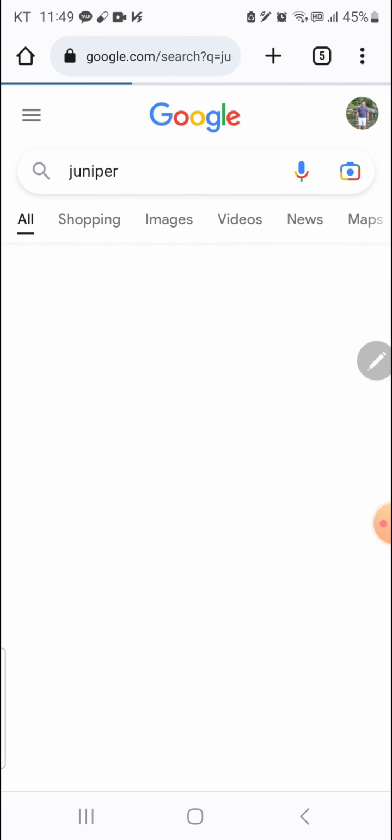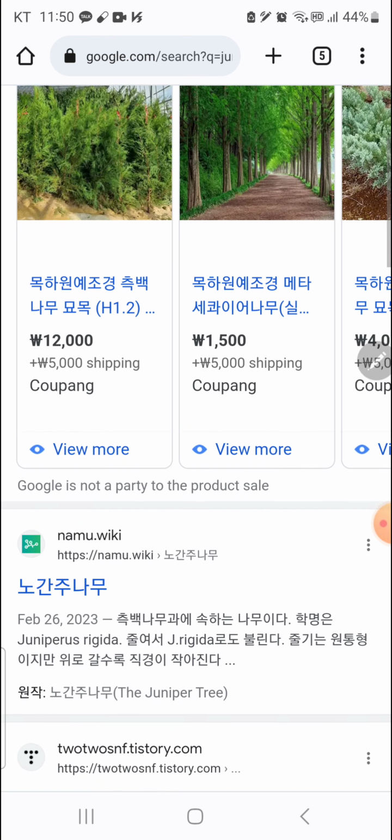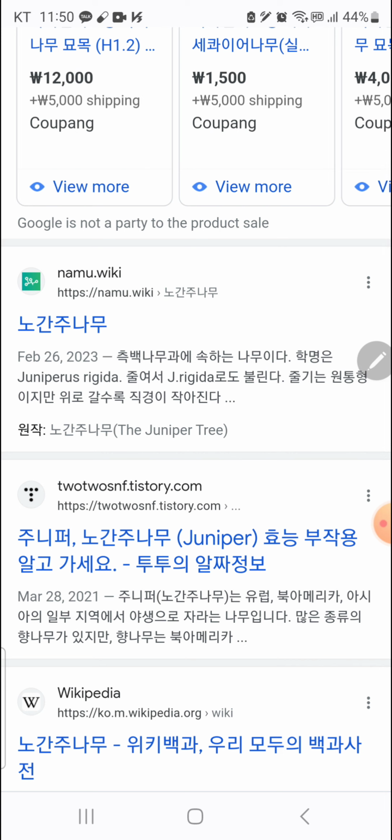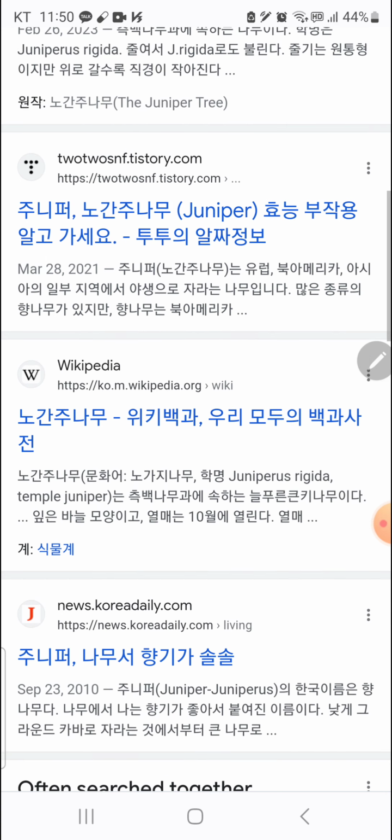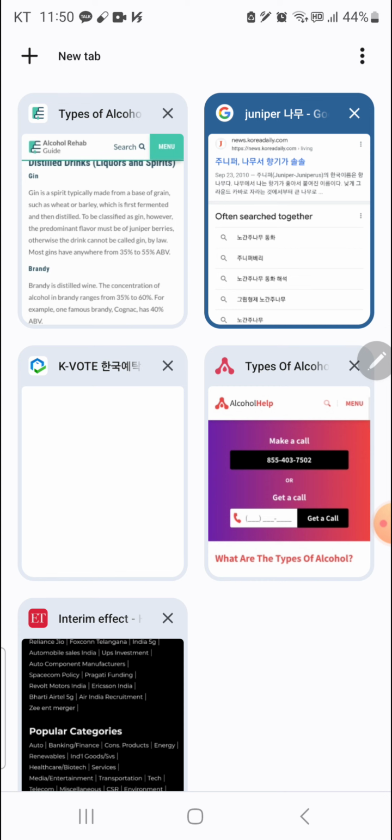No translation. I looked up this word many times so far. 노간주나무, 측백나무, juniper, 측백나무. Got it?